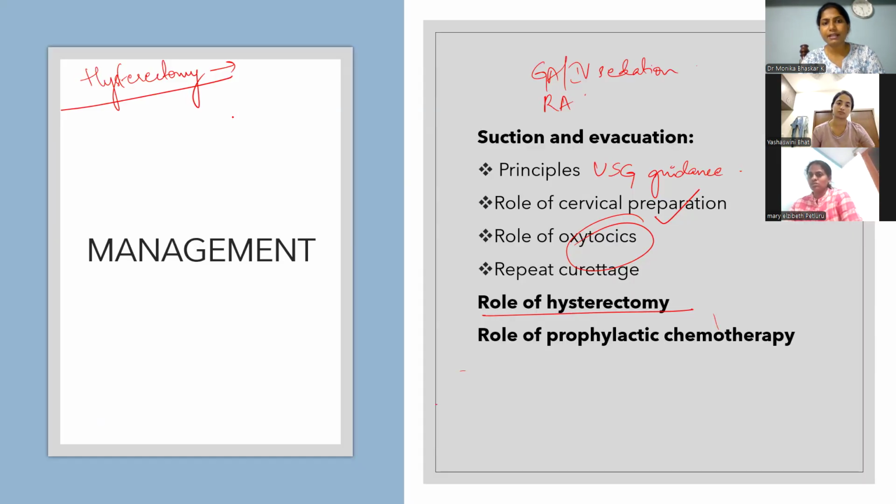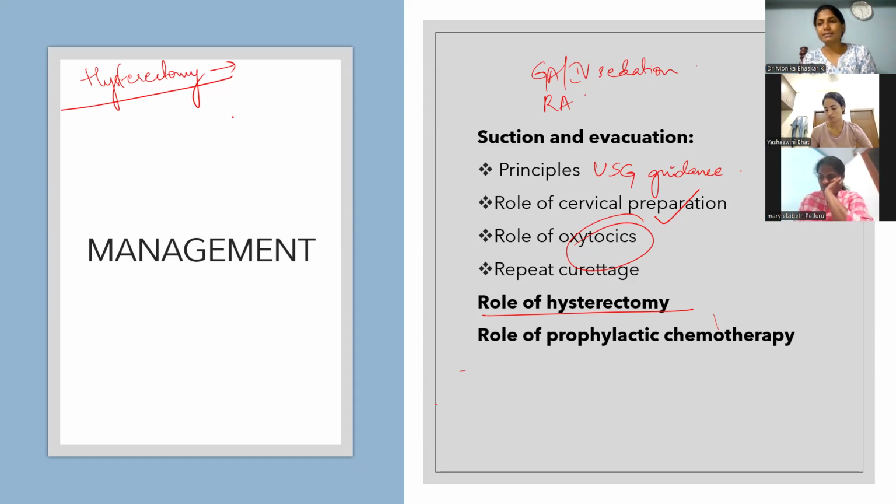So these are the four criteria to call it a high risk mole. If the uterine size is more than the period of gestation, maternal age is more than 40 years, pre-evacuation beta HCG is more than 1 lakh, and theca lutein cysts are more than 6 centimeters, it is called a high risk mole.